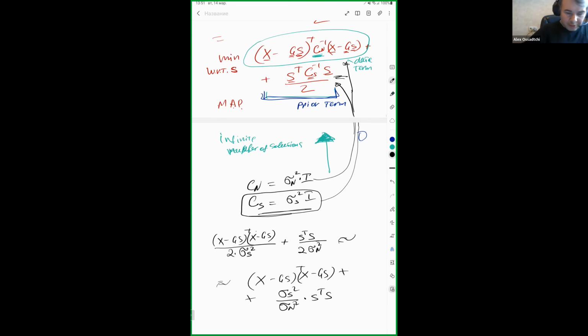It tells you that you are trusting your prior depending on the signal to noise ratio in your data. This is the signal variance, this is the noise variance.